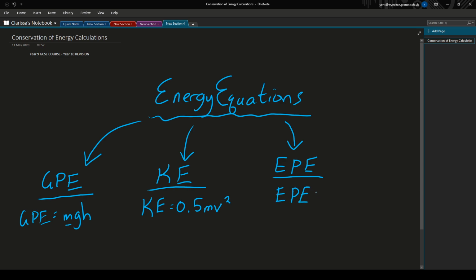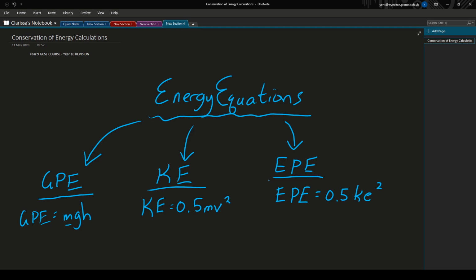You'll notice that it's very similar to the kinetic energy equation, where k is the spring constant, so how stretchy the object is, and e is its extension, so its change in length. Those were the three equations we did when it came to our different energy stores.